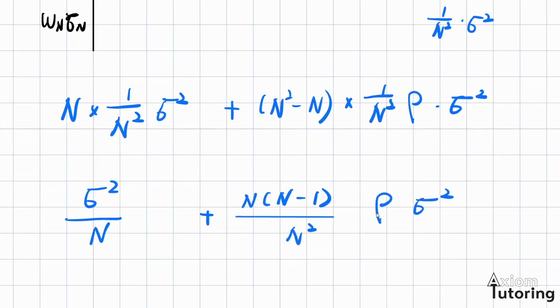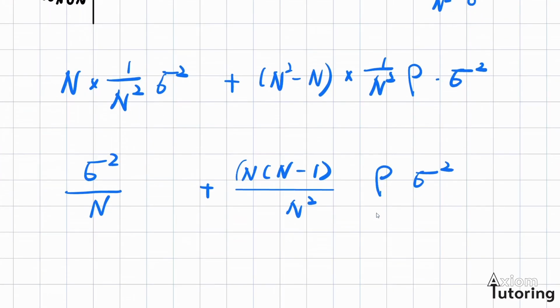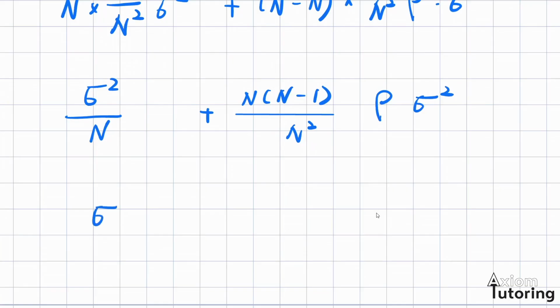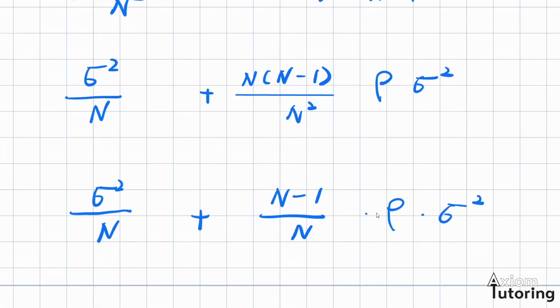Since we have n here and n squared here, we can cancel out one of these n as well. So finally, as the result, sigma squared divided by n plus n minus 1 divided by n, and rho and sigma squared. This is the result of our simplification for the variance for the portfolio here.